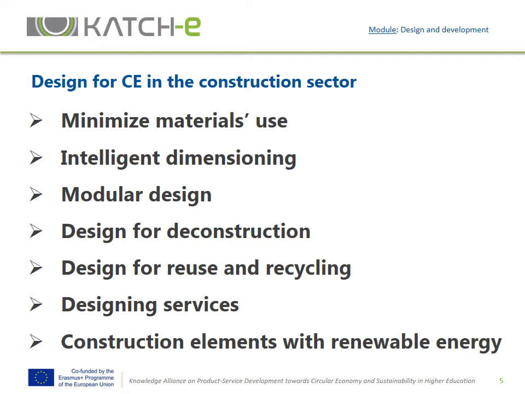For construction products, this means minimizing materials use, which needs to be balanced with the energy efficiency of the building. As for waste prevention on the construction site, the most effective way to prevent it is to use existing buildings, or reuse materials and elements, and use industry prefab construction elements.